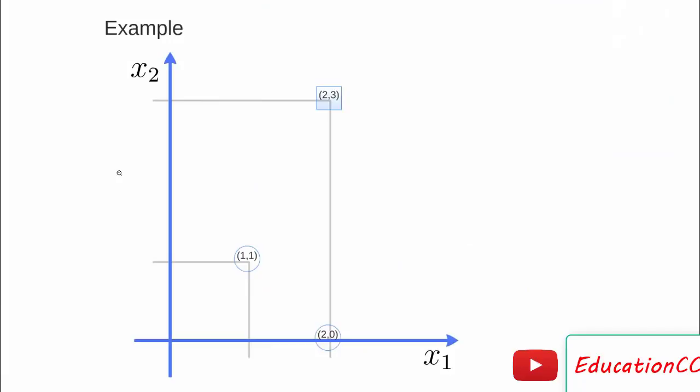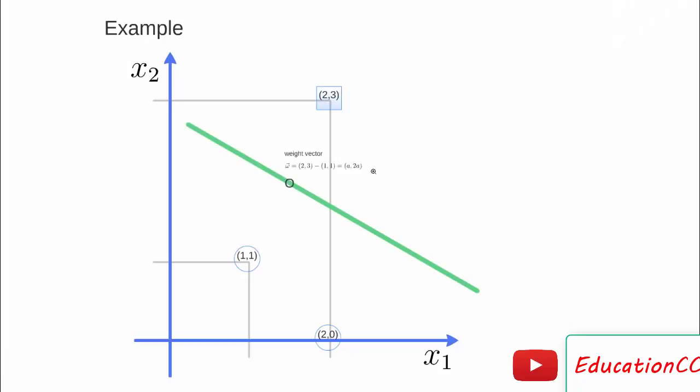And here we show a simple example. Suppose we have these two features, x1 and x2, and we have these three values. We want to find the best hyperplane that will divide these two classes.